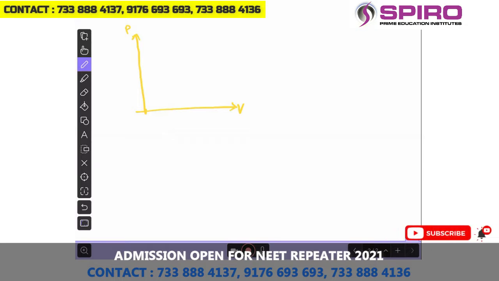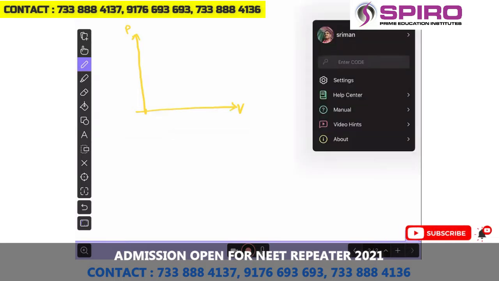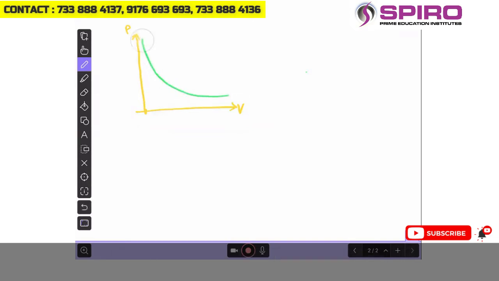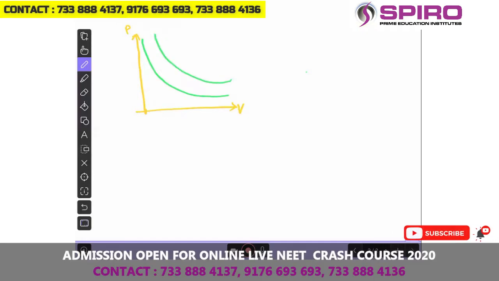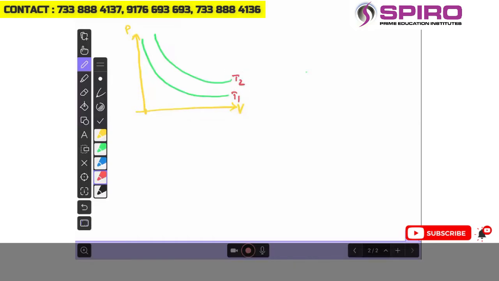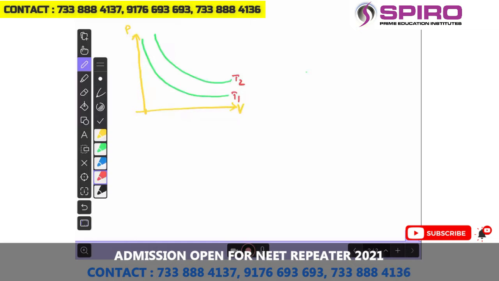This is a rectangular hyperbola at one temperature, and another rectangular hyperbola at another temperature. One curve is obtained at a temperature T1 and another at a temperature T2. So these are two isotherms, the isotherm at temperature T2 and the isotherm at temperature T1.